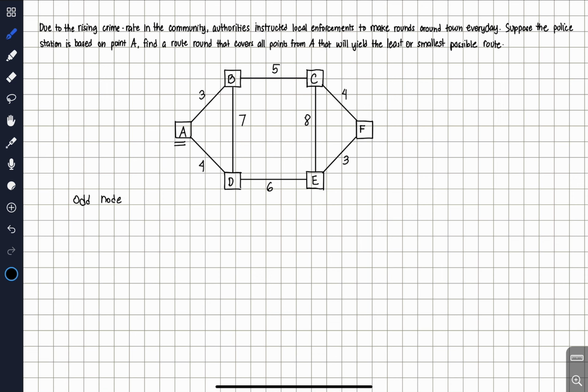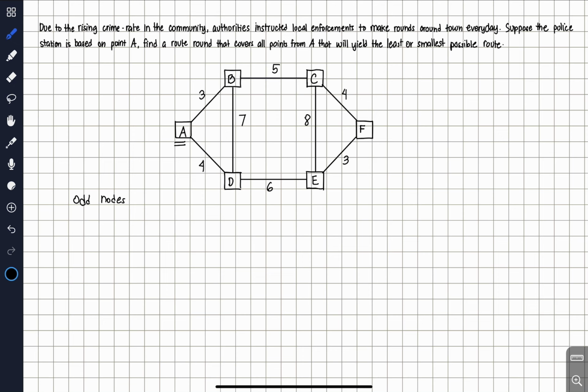So what are odd nodes? Odd nodes mean vertices with an odd number of paths. So this means that the vertices that have an odd number of paths are considered odd nodes.